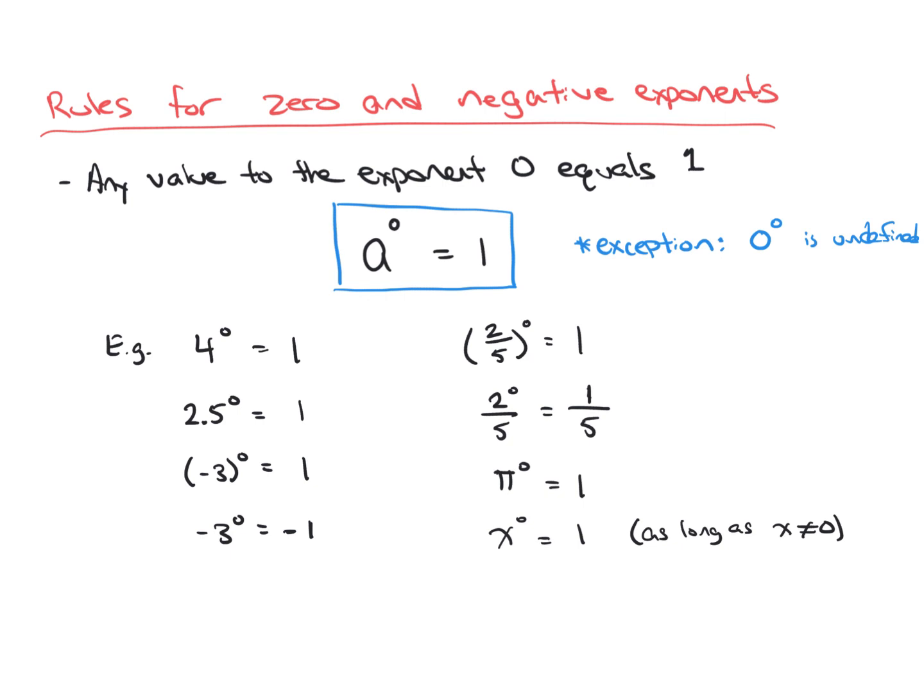It's a special case. So if x is allowed to take on any value, no matter what value it takes on, when you put it to the exponent of 0, it will equal 1, except if x is 0. Then you get 0 to the exponent of 0, which is undefined. Okay, so that is the rule for an exponent of 0. The answer is 1.